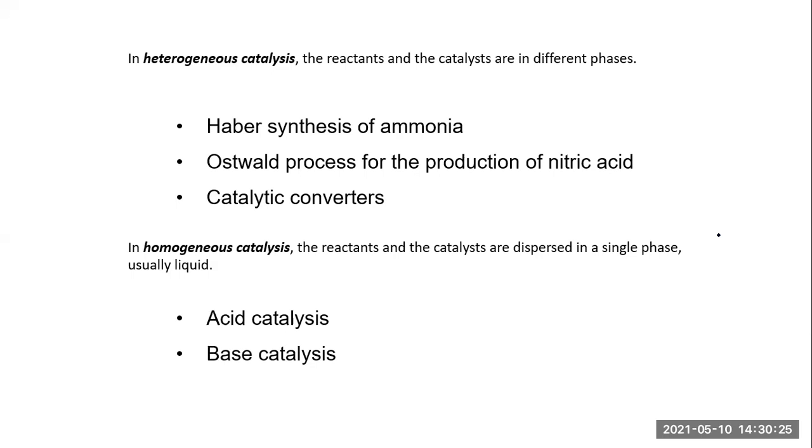A heterogeneous catalyst is one where the catalyst and the reactants are in different phases. For example, ammonia is N2 and H2 coming together. Those are gases, and we could use some type of solid catalyst as a way to allow those guys to come together a lot quicker. Again, it's a spontaneous reaction, but a very slow reaction if you don't include the catalyst.